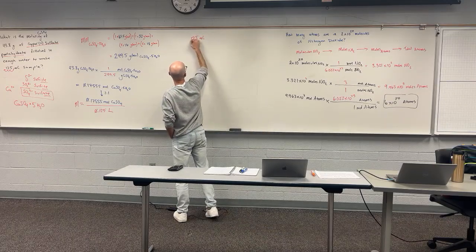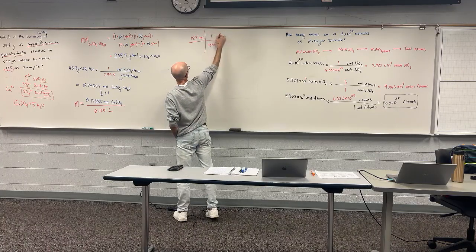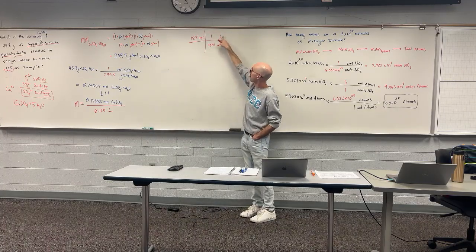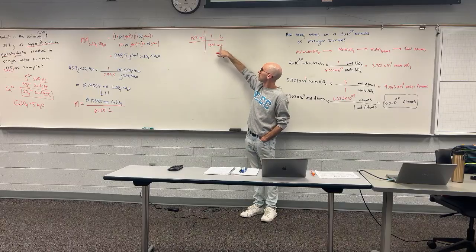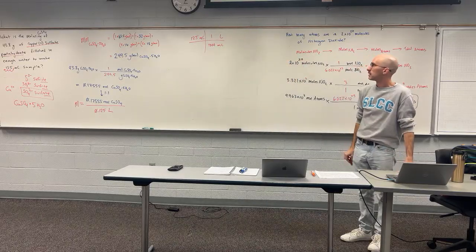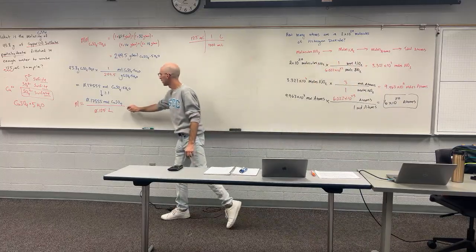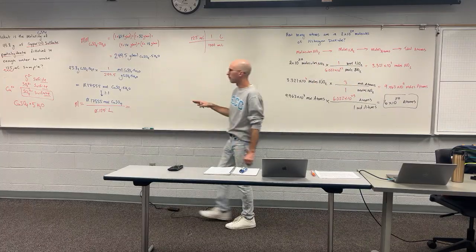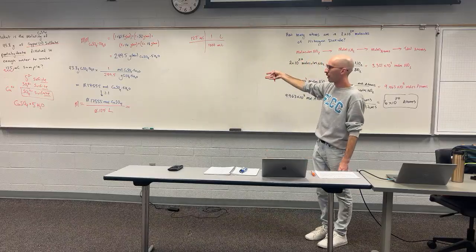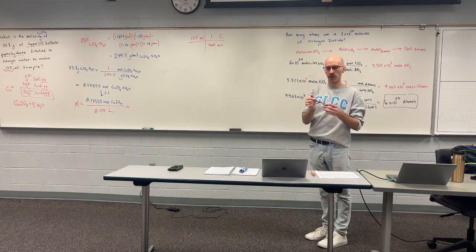But let me show you that conversion again in case it's useful for you. 125 milliliters, 1,000 milliliters to 1 liter. Big unit, small number. Small unit, big number. Just divide by 1,000. Question, will my molarity be a number larger than 0.175, equal to 0.175, or smaller than 0.175?